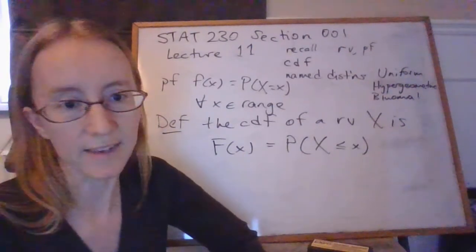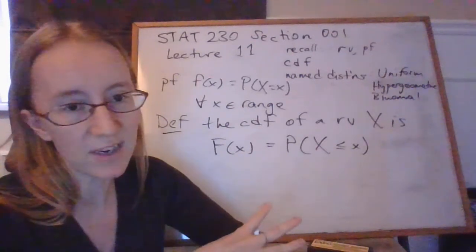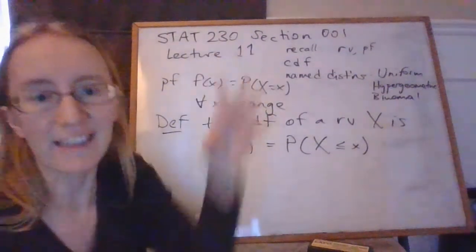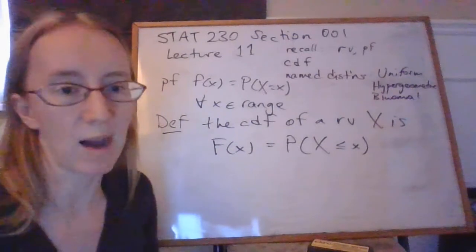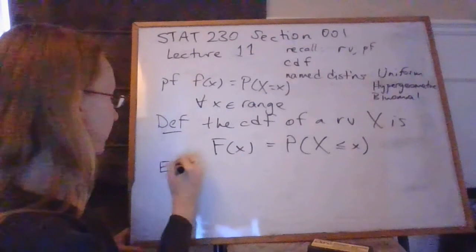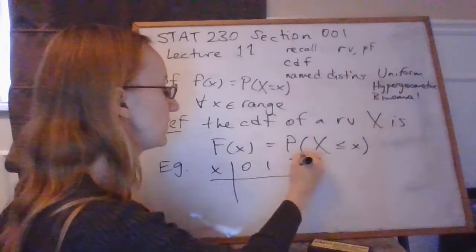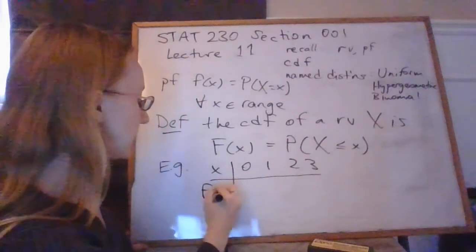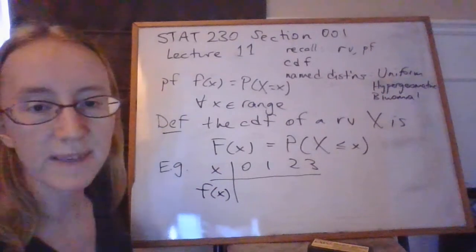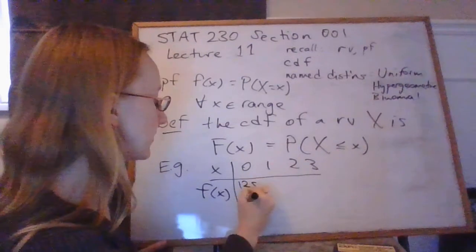So we can think about the relationship between the cumulative distribution function and the probability function by thinking about stacking these probability function values on top of each other, right? If we have a random variable like we did last time, where X can take the values 0, 1, 2, or 3, and the probability that it did so, you can review this if you don't remember, this is a lowercase f here, was 125 over 216 for 0.